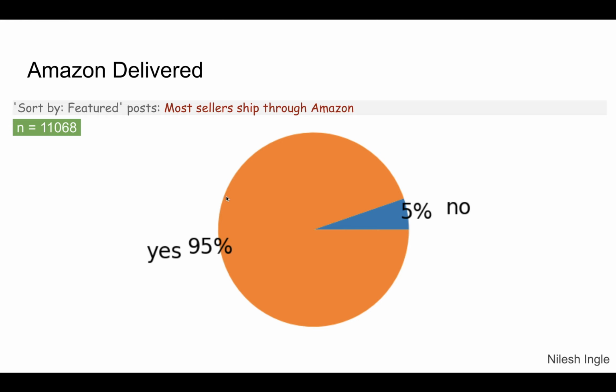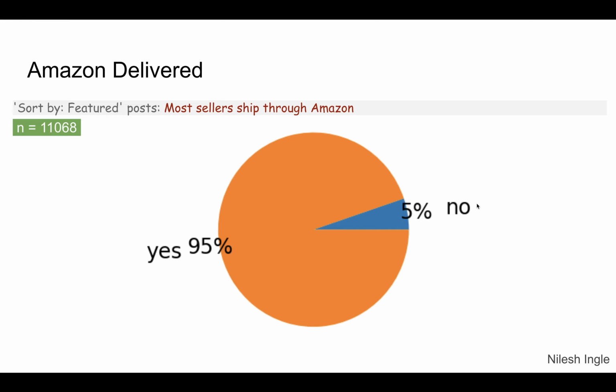So 95% choose Amazon delivery. If I'm trying to sell, I'll probably go for this option for delivering the packages to the customer. And there are 5% that do not use this method of delivery.